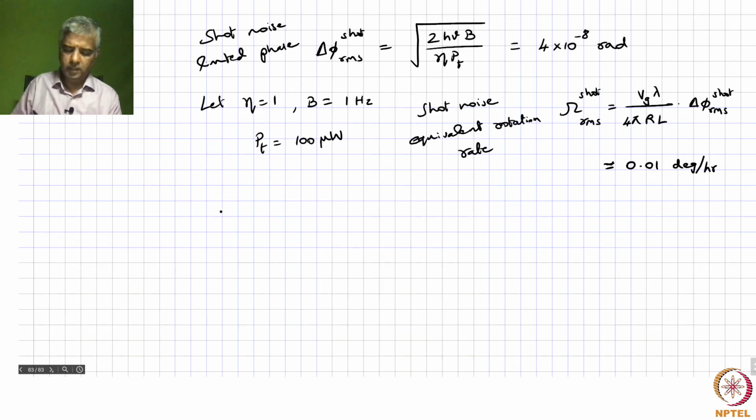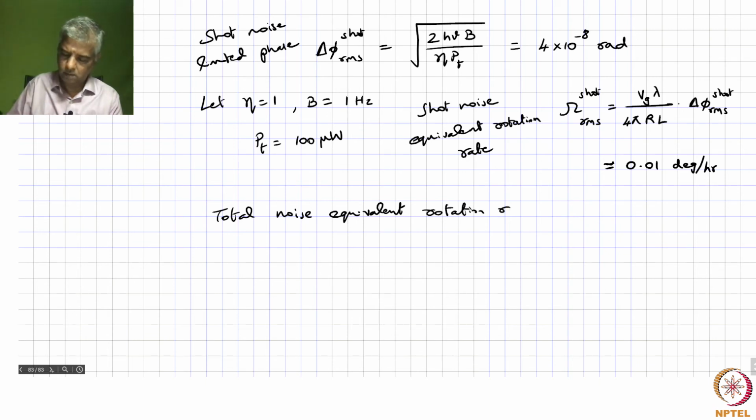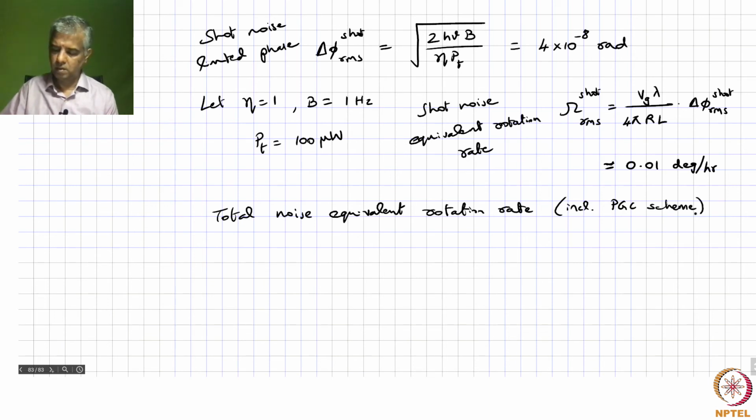So when we look at the total noise equivalent rotation rate, you are saying we are including this PGC, phase generated carrier scheme, right?